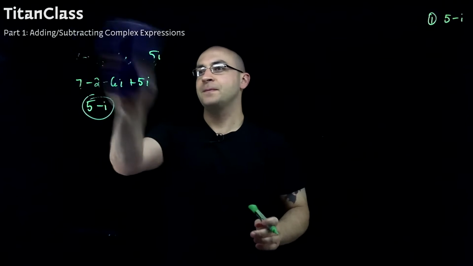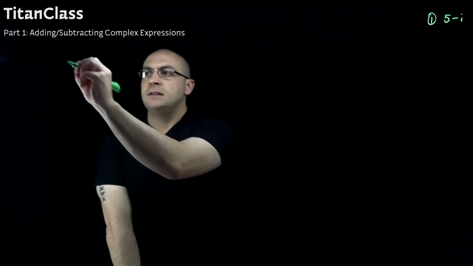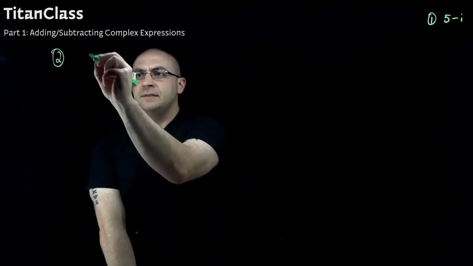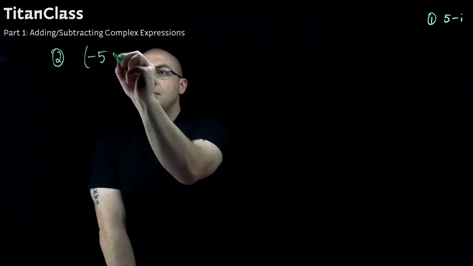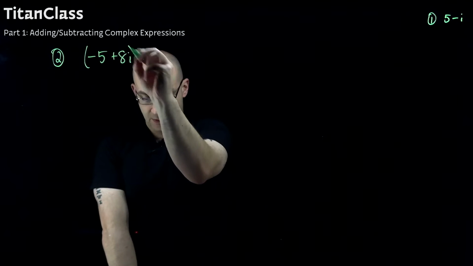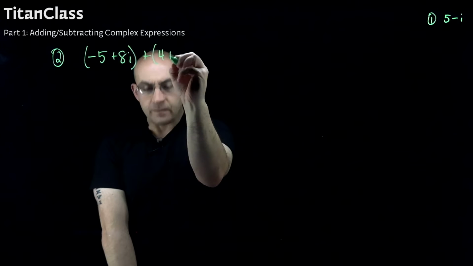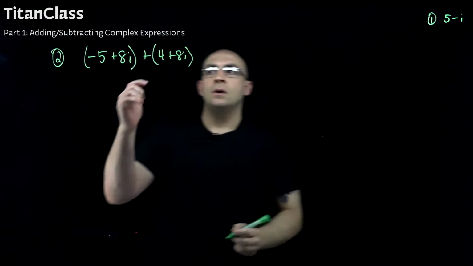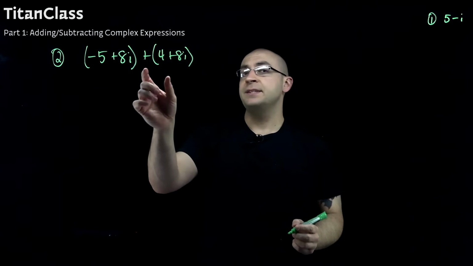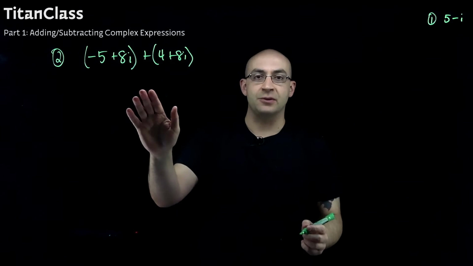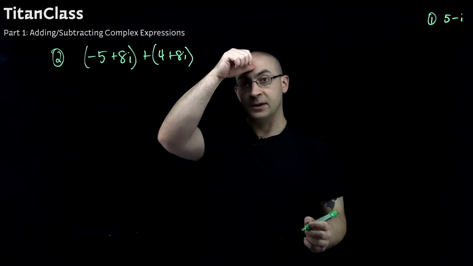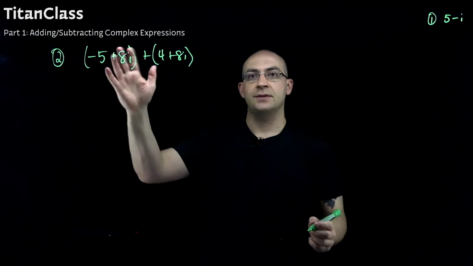Number 2. Negative 5 plus 8i, plus 4 plus 8i. Okay. Two binomials linked together with a plus sign. We do not distribute plus signs, so we're just going to drop the plus sign and the parentheses and move from there.